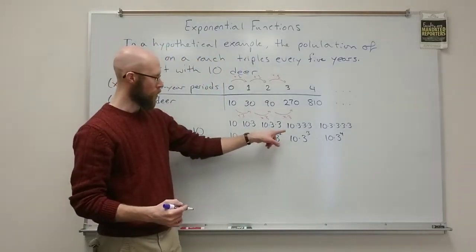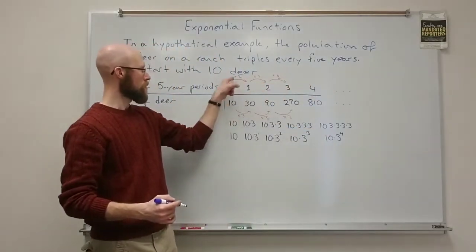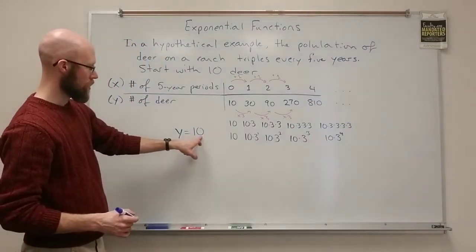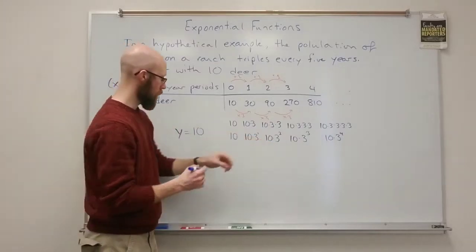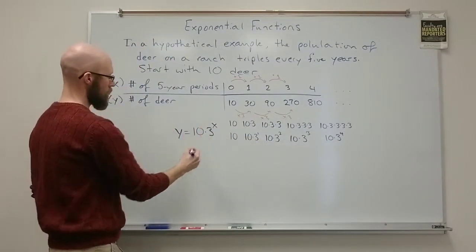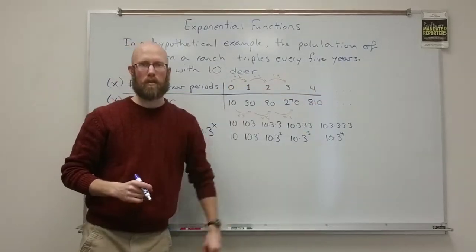And it's the power that represents the number of 5-year periods, okay? So you start with a 10, and then you multiply by 3 raised to the power of x, whatever x is, because x is your number of 5-year periods, okay?